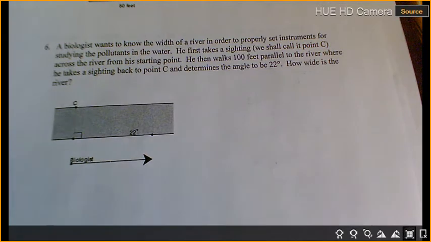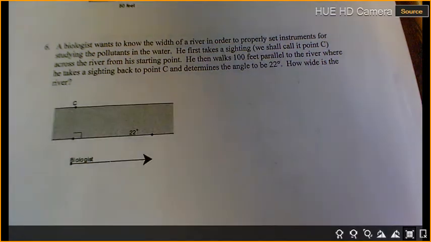A biologist wants to know the width of a river in order to properly set instruments for studying the pollutants in the water. He first takes a sighting, we shall call it point C, across the river from a starting point. Then he walks 100 feet parallel to the river, where he takes a sighting back to point C, and it's 22 degrees.